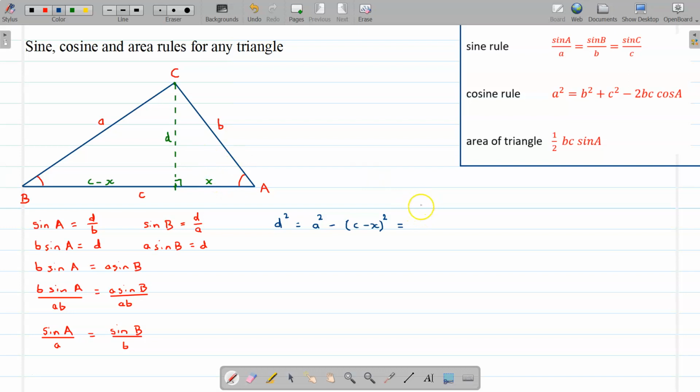So I can say that that's also equal to b squared minus x squared, and both of those things are equal to d squared. Now, if I just work on this part here, I can say that a squared minus, now, I'm doing c minus x times itself. I'll write this out in full for you.